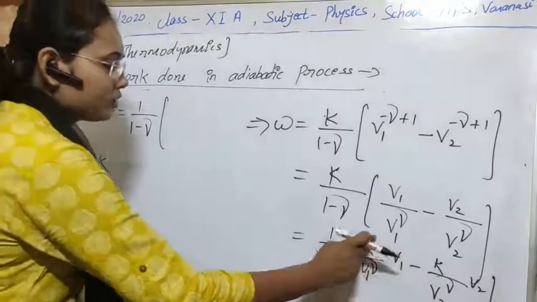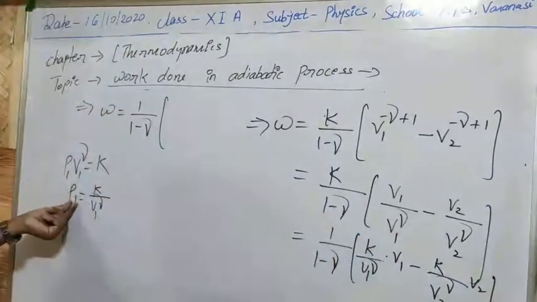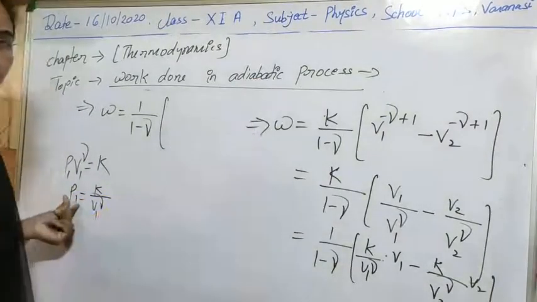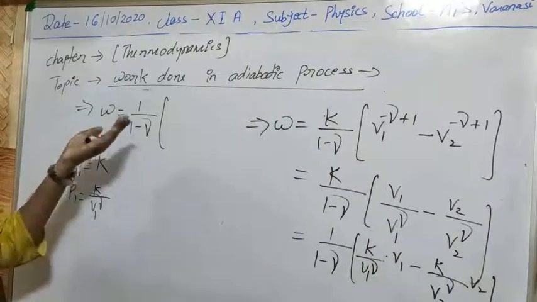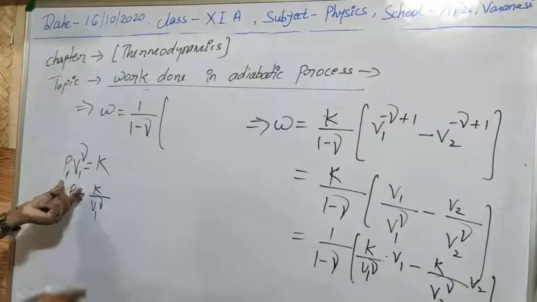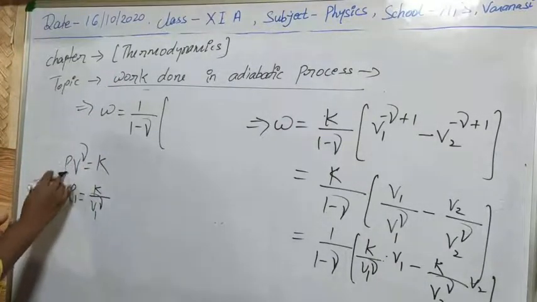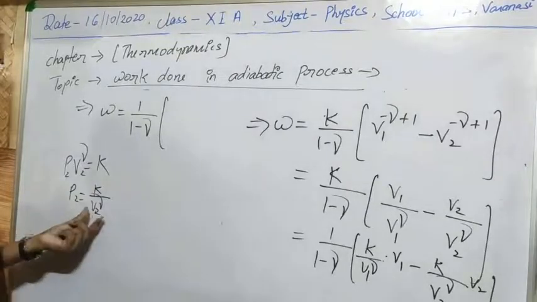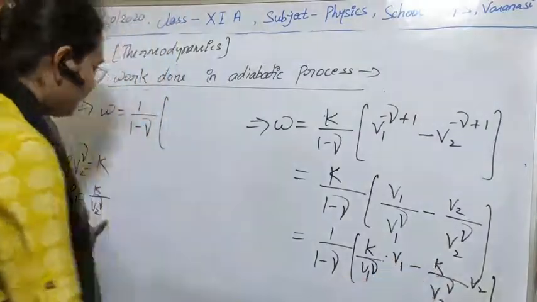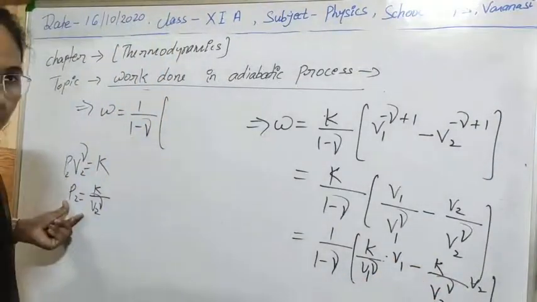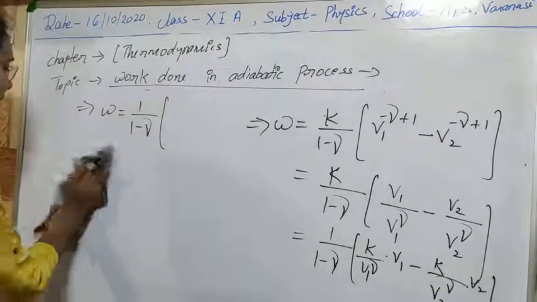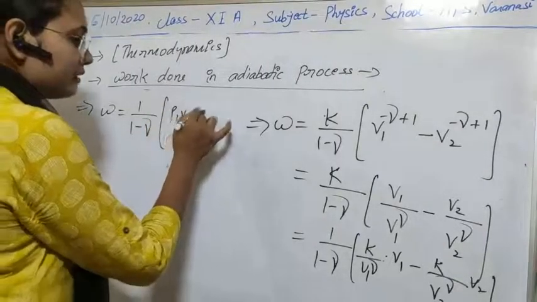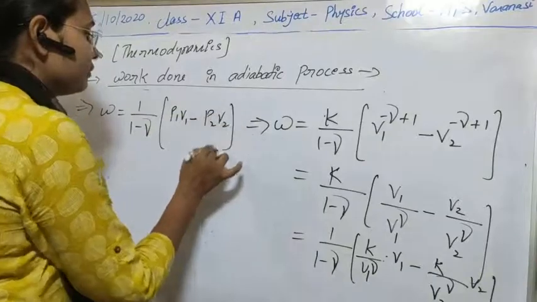Means in place of K upon V1 power gamma, we can write P1. Similarly, if the final value after expansion is P2 V2, then we can also calculate the value of P2 in terms of V2. So at this place we can write P2. So the equation will be P1 V1 minus P2 V2.